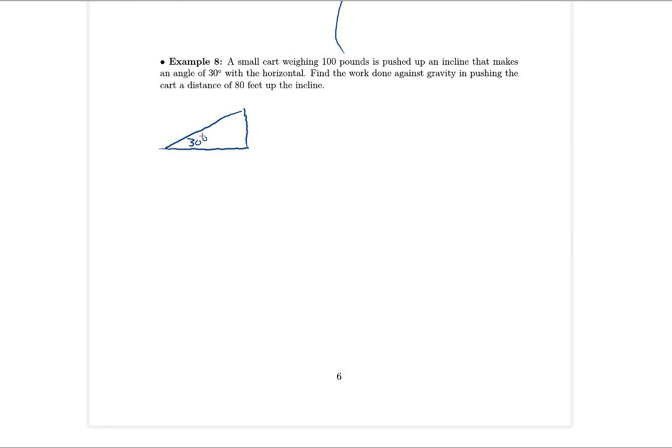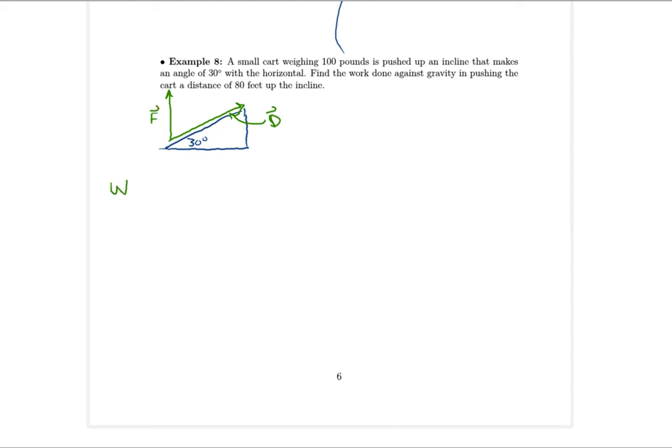Let's draw our vectors: the distance vector, and then the force vector. Of course, they talked about the force against gravity, so I'm going to draw my force like this. That would be working against gravity.